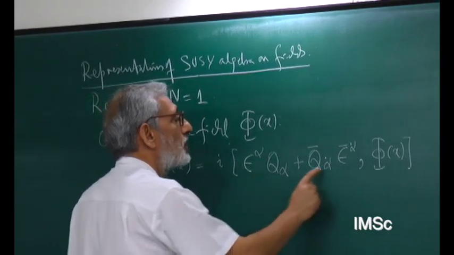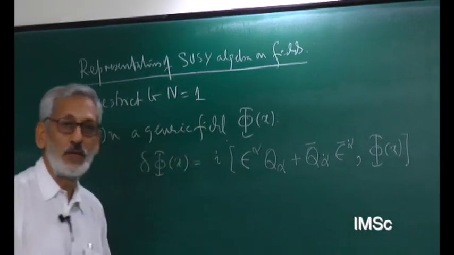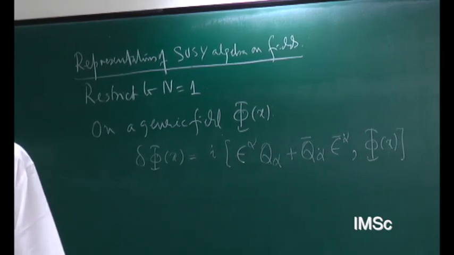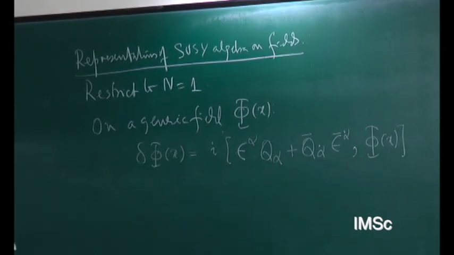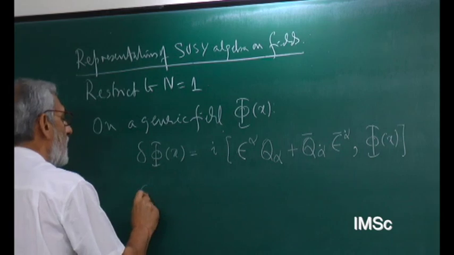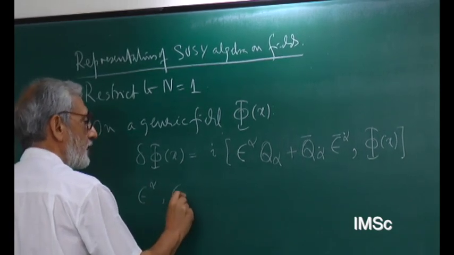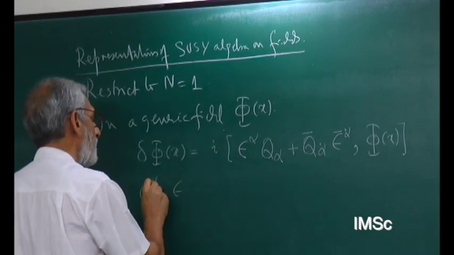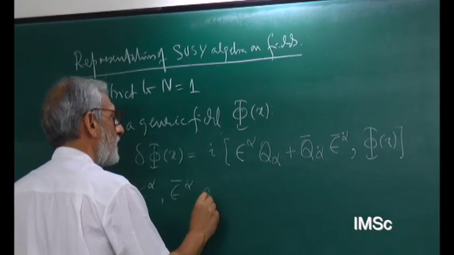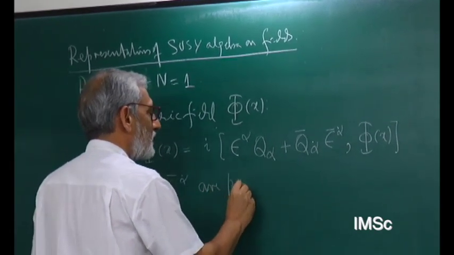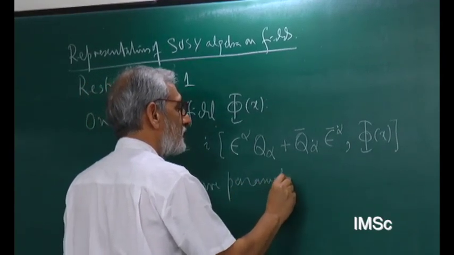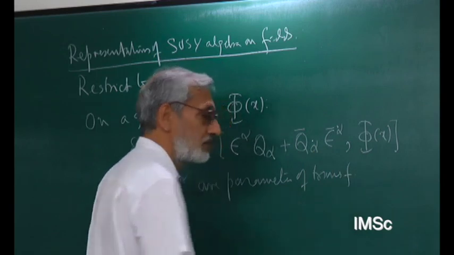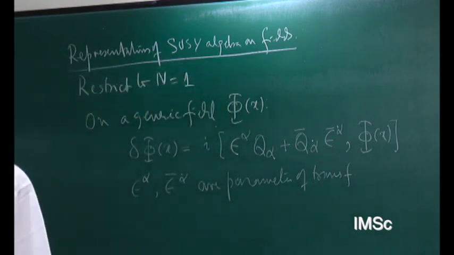We have introduced epsilons here. Epsilons are the amount of transformation, the parameters of transformation. So epsilon alpha and epsilon bar alpha dot are parameters of transformations.